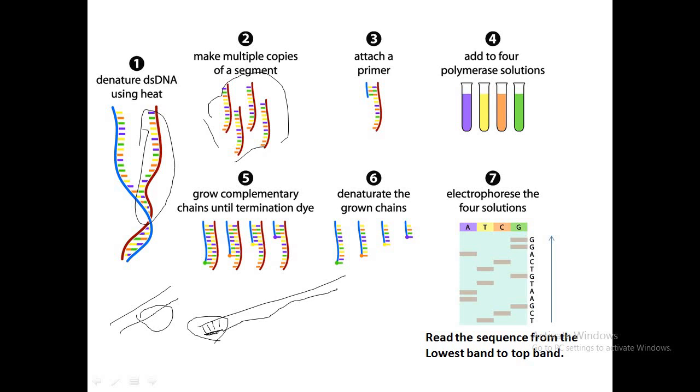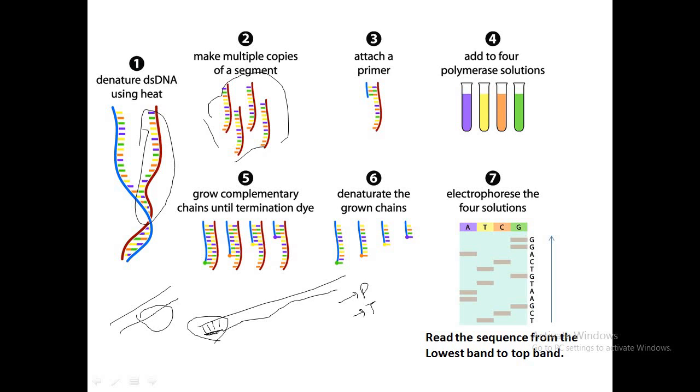But before this replication, there are a few things that I need to mention so that you can understand it properly. We know that during the replication process, we need a few very important things. The one is primer, and the second one is template, obviously, because we are going to determine the sequence of a template region.